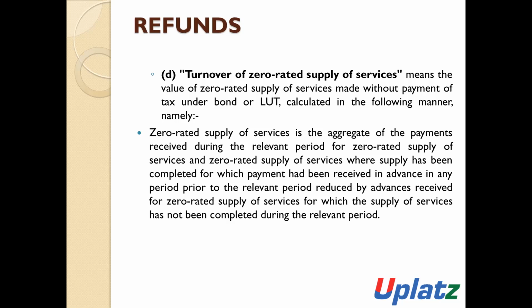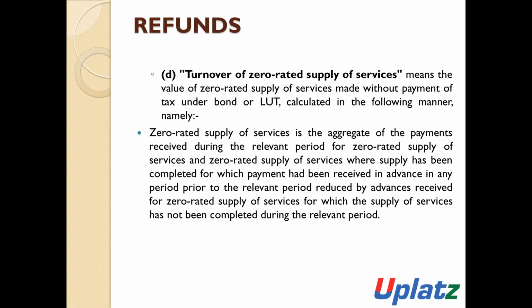Such amount will be reduced by the amount which is received for zero rated supply of services for which the supply of service has not been completed during the period.